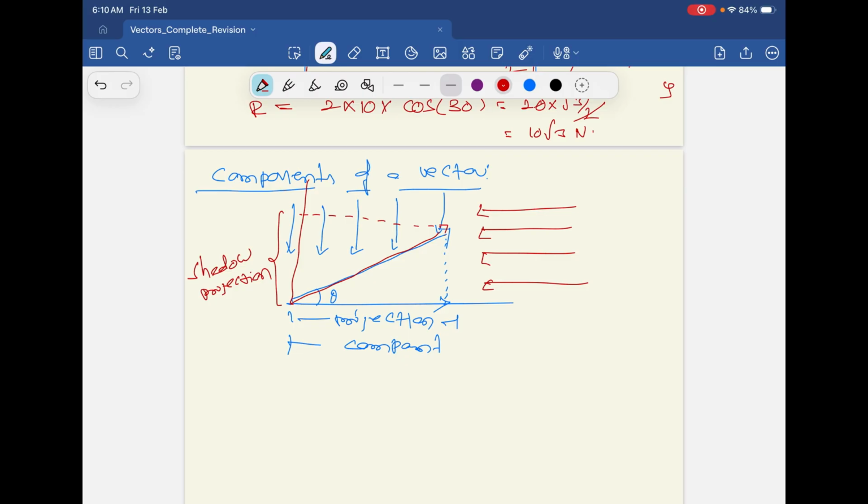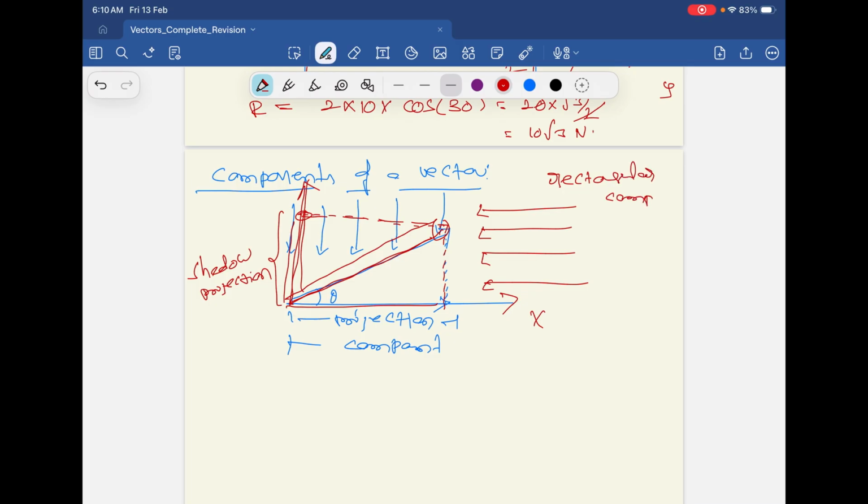So if this particular rod or pole is lying in the xy plane, its shadow along x direction is called x projection. Shadow along y direction is called y projection. So you can say a vector in the plane can be resolved into two perpendicular components. We call these rectangular components.